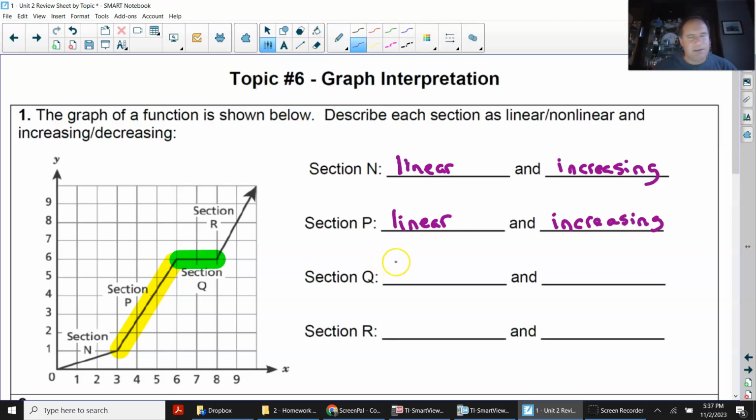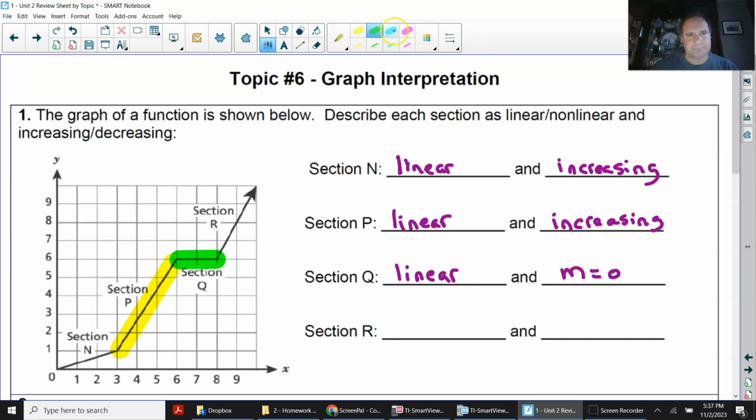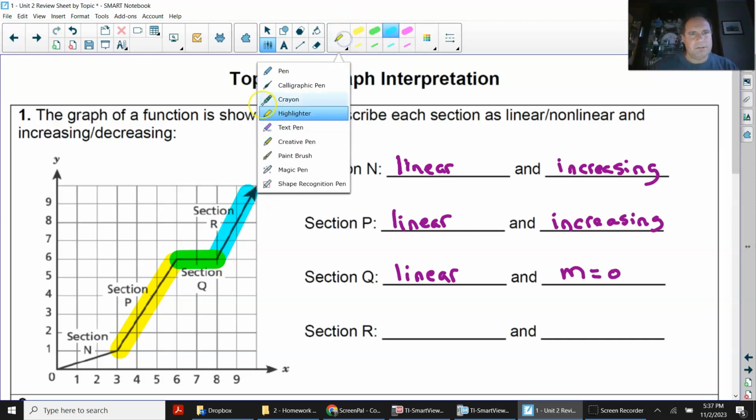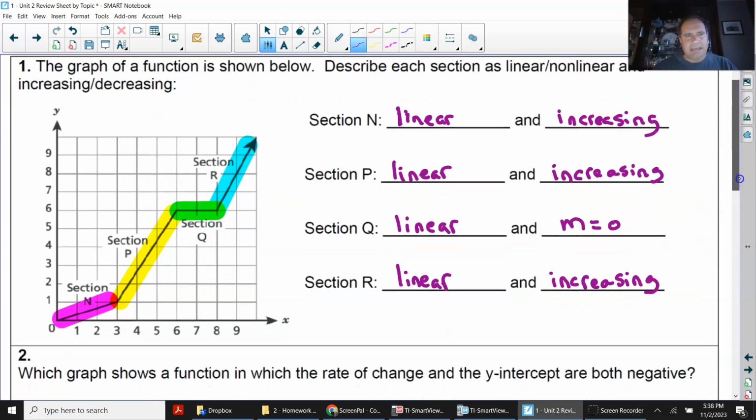So it's definitely linear. And it's not increasing or decreasing, but the slope is 0. Right here. Okay, so you have linear and increasing for section R, the blue section, and that is it.